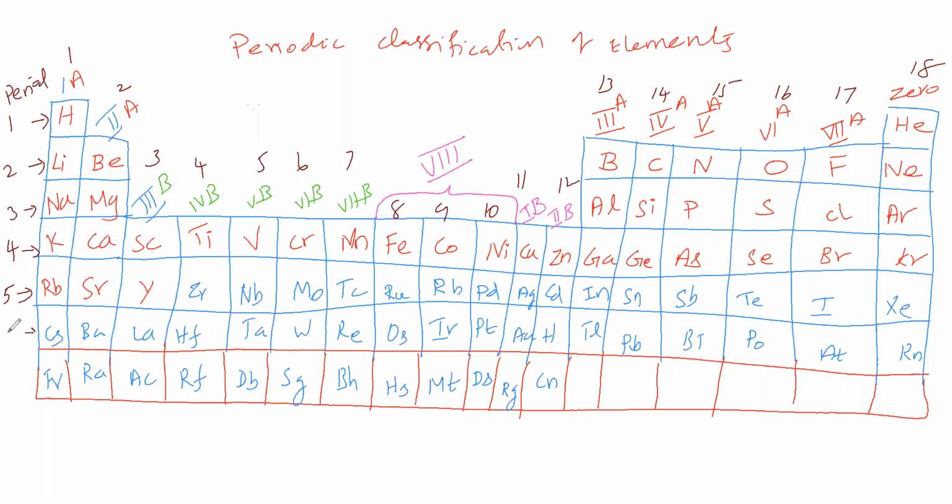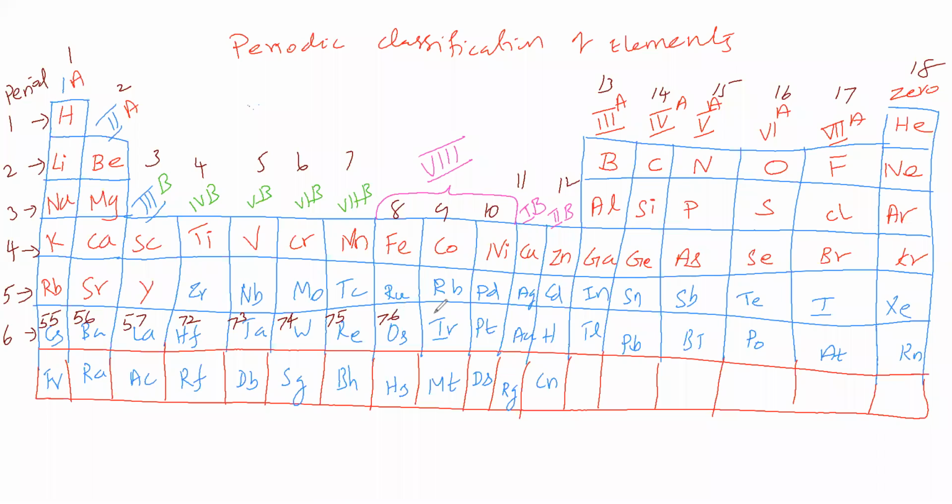Then the sixth period: cesium, atomic number 55. Next barium, 56. Lanthanum, 57. Next hafnium, 72. Next tantalum, 73. Tungsten 74. Rhenium 75.